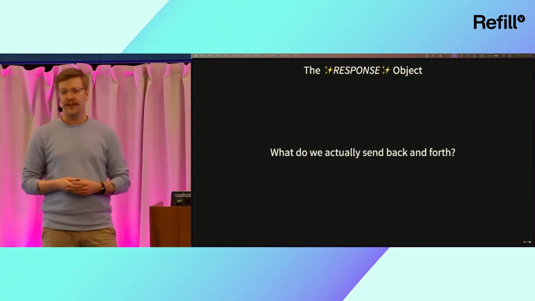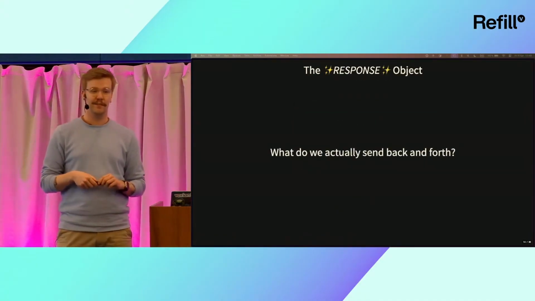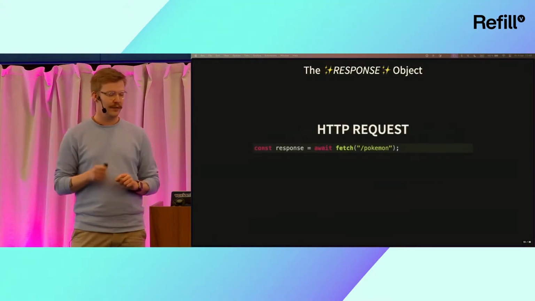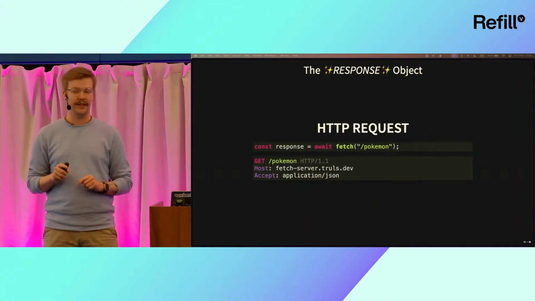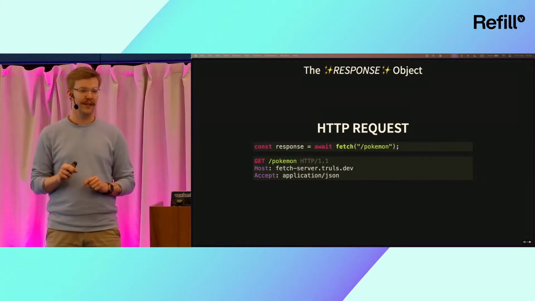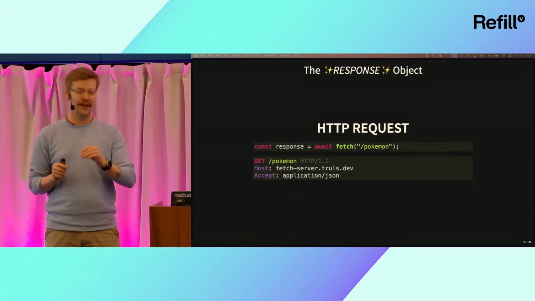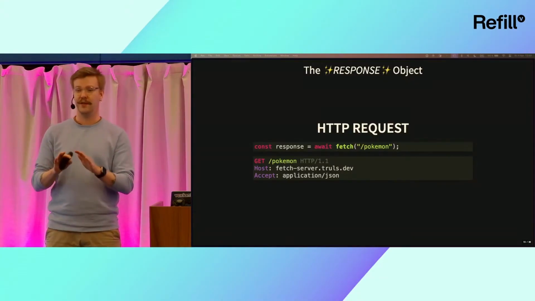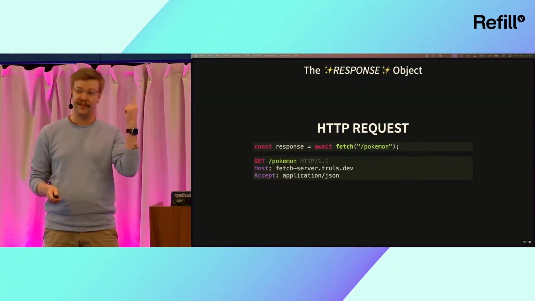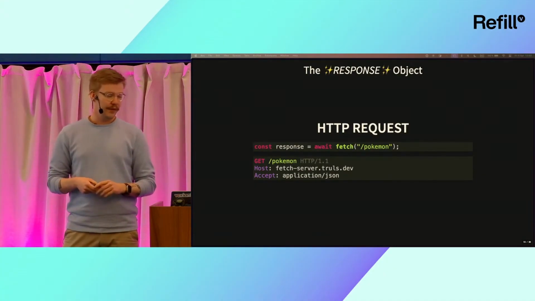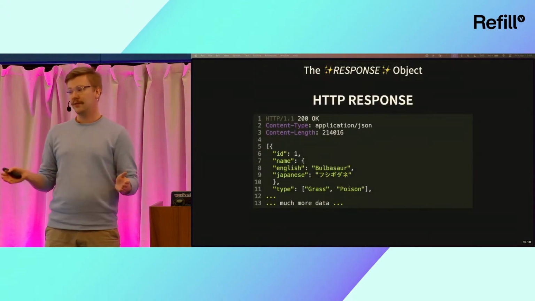What do we actually send back and forth when we call fetch? So when we make the first HTTP request, what we're sending is just a text file encoded as binary that says get the route, and we want JSON in return. There's nothing magic about this. The only thing you're sending to the server is this text file, and some other headers probably. But what you get in response is also not magic.